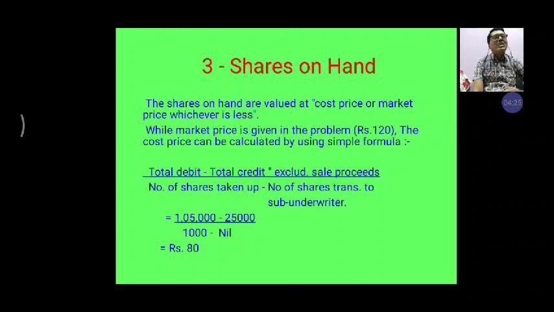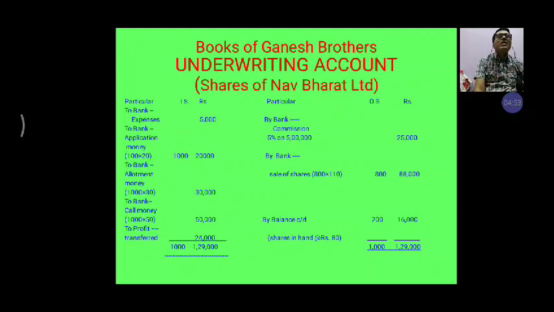Total debit minus total credit excluding sales proceeds, upon number of shares taken up minus number of shares transferred to sub-underwriter. Before we fill in this formula, we start to solve the underwriting account, and then we see the formula, filling it in.